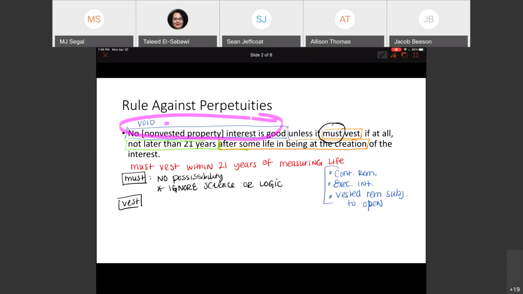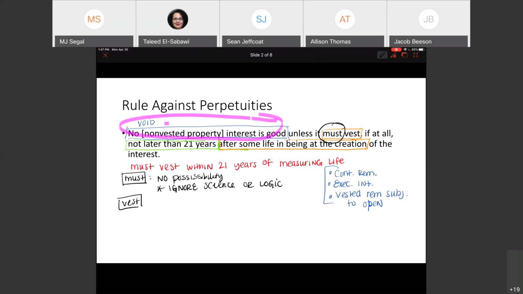Another commentator described it as when a beneficiary or transferee is certain to receive a specific thing now or in the future. And the last definition I found was an absolute right to present or future enjoyment.